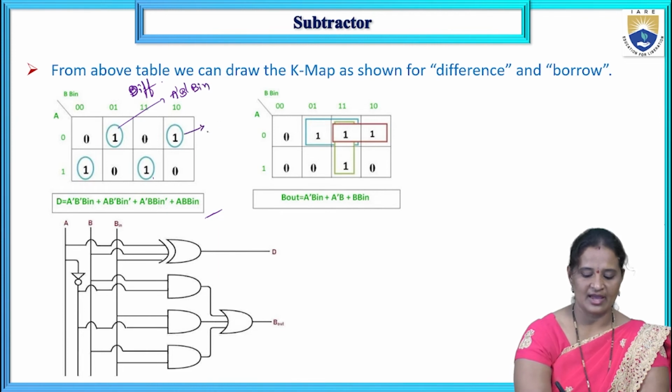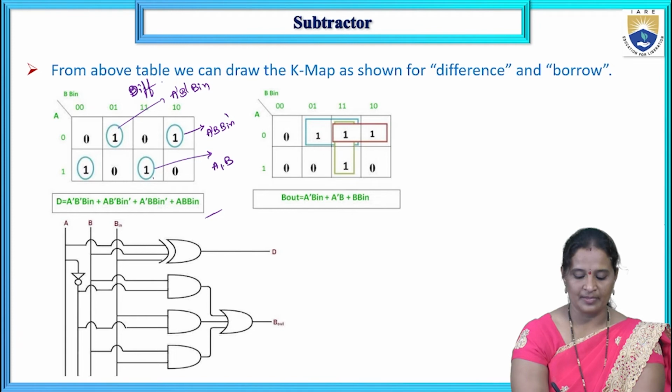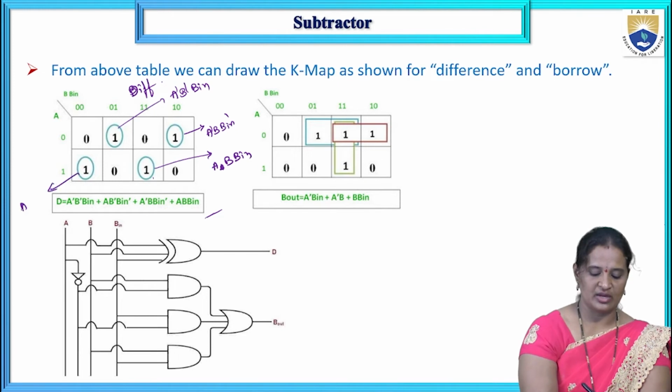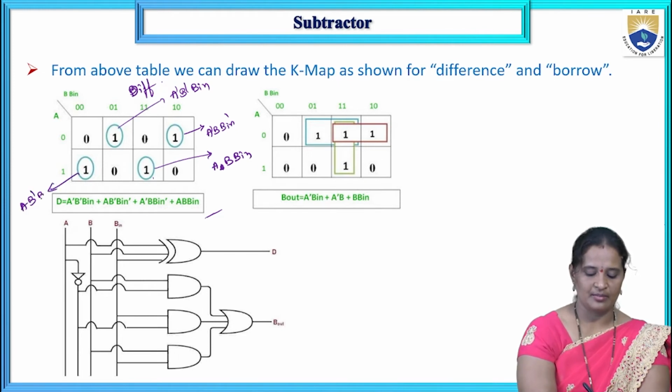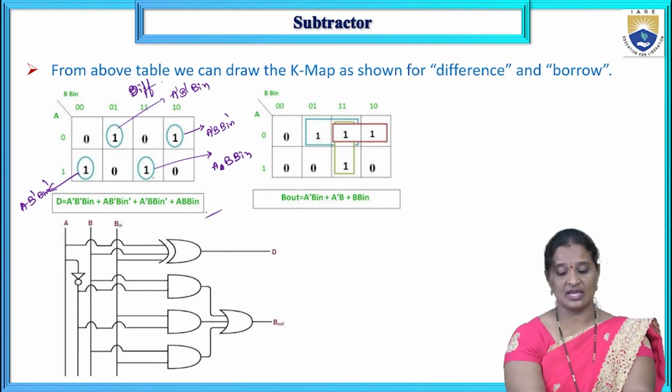This one I can write as A bar, B, B in bar, which is borrow in bar. This one I can write as A, B, B in, because A is 1, B in is also 1. Whereas this one is A, B bar, B in bar. So these are the terms that we have obtained, and this is the expression.